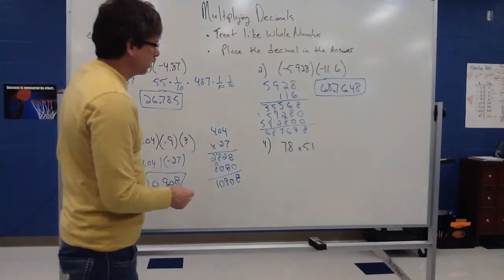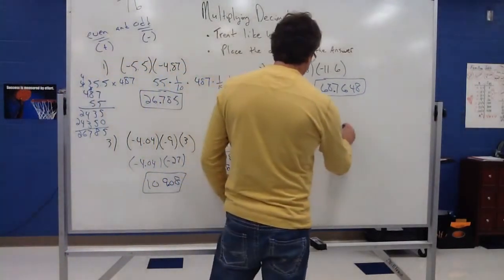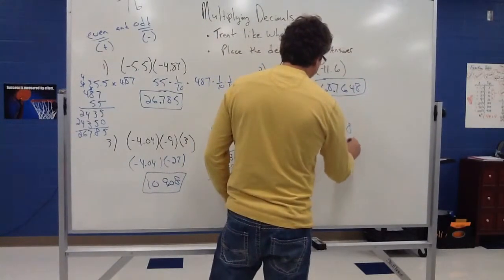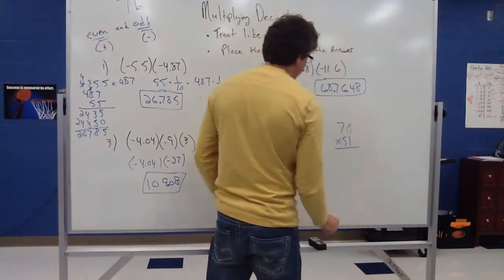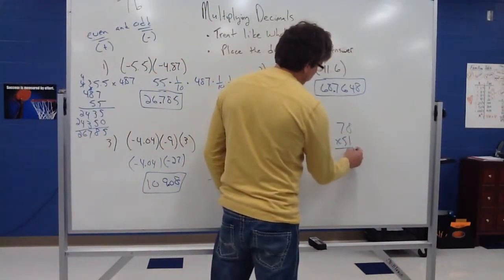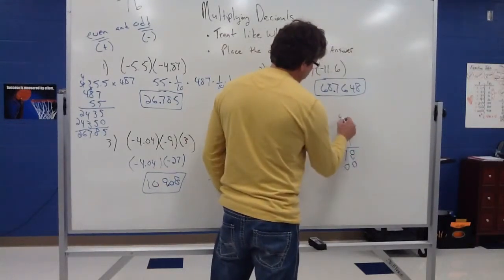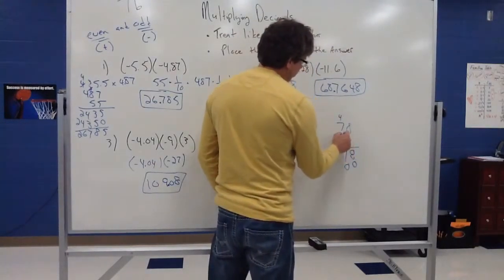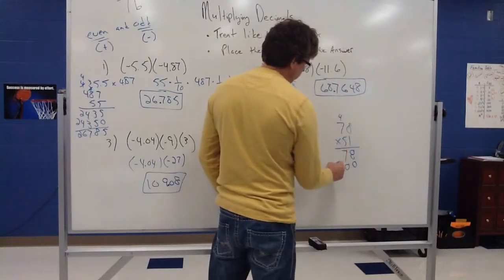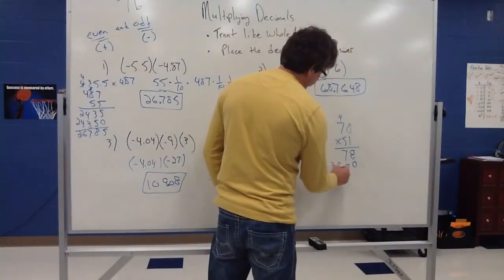So I have 7.8 times 5.1. I can just ignore the decimal and say, hey, it's 78 times 51. And do that math. 1 times 8 is 8. 1 times 7 is 7. Put the 0 there. 5 times 8 is 40. Carry my 4. 5 times 7 is 35, plus 4 would be 39.